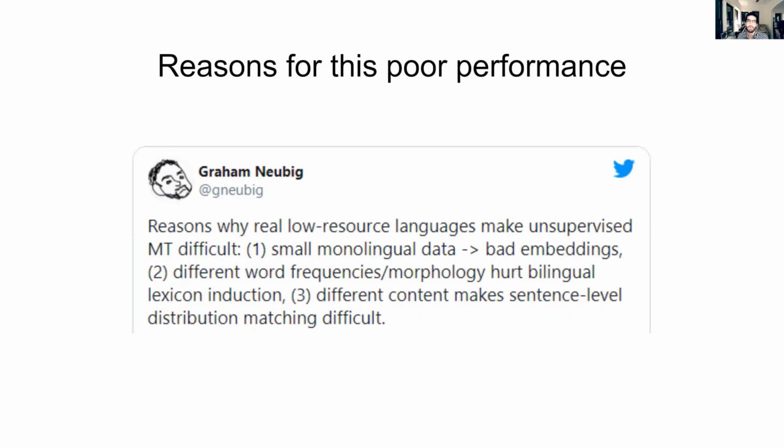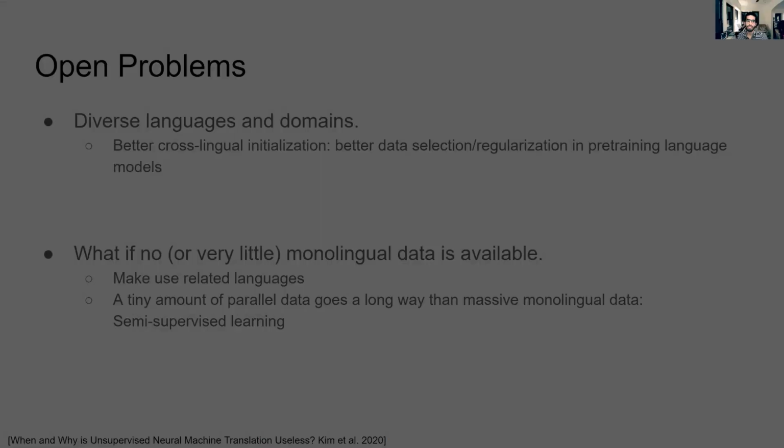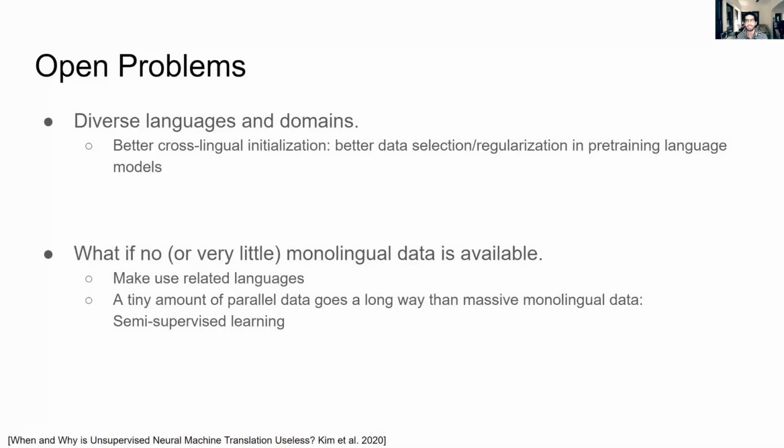Also, if the corpora are not comparable, if you don't have data sets in the same domain, then things like back translation will also not perform very well. So these are the open problems in unsupervised MT, or things that still need addressing. If you have diverse languages or diverse domains, then it does not perform well.